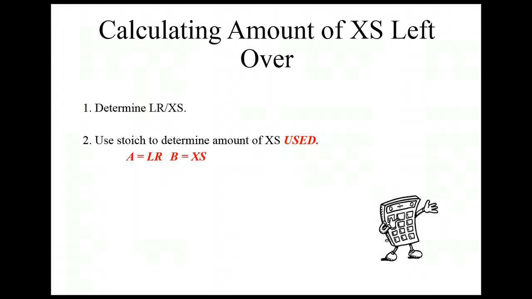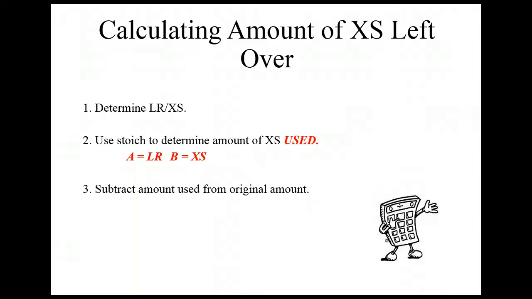Now, when you're using this stoichiometry, the key is to use your given information as the limiting reactant. So A is going to be the limiting reactant. B, or the unknown, is going to be whatever the excess reactant is. And once you've determined how much of that excess reactant is consumed or used up in the reaction, the last step is just to subtract it from the original amount.